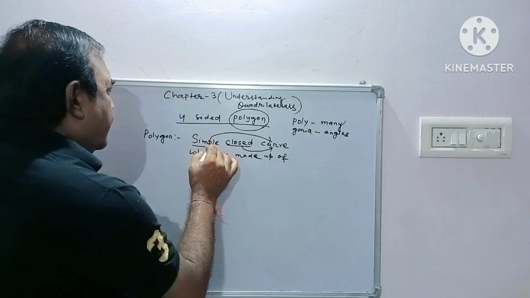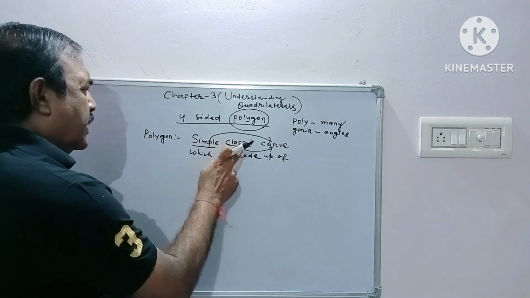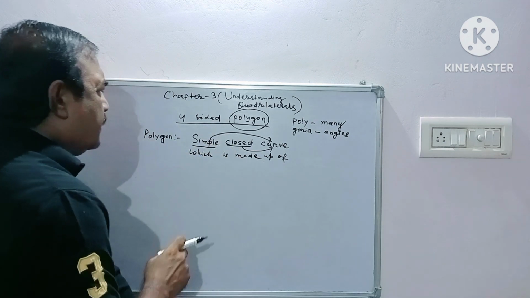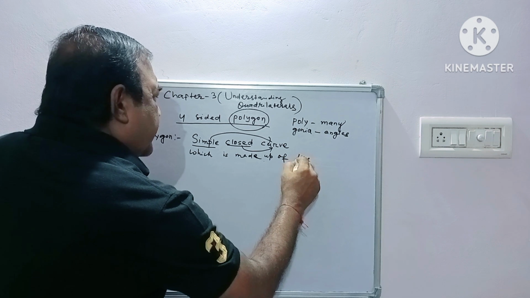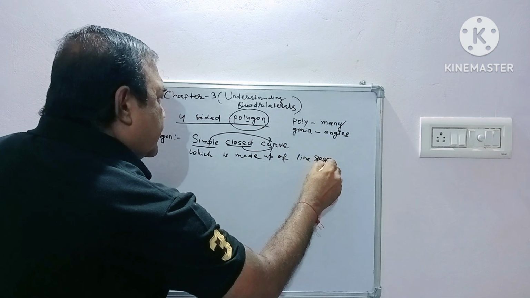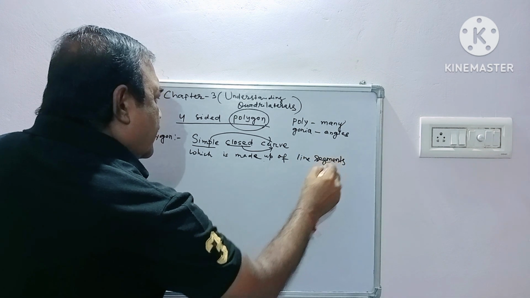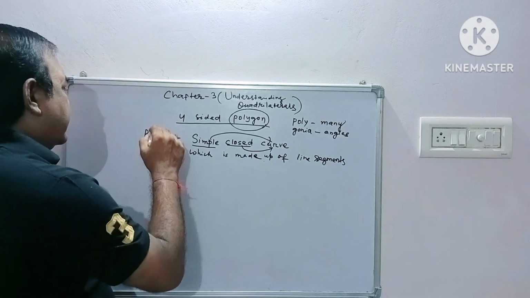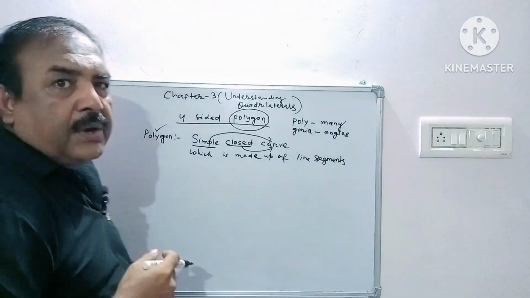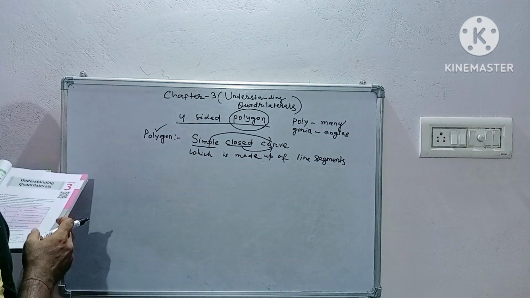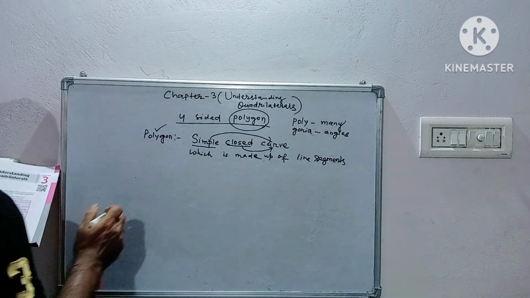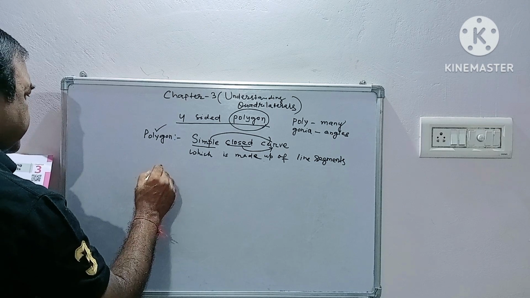So that should be simple, that should be a closed curve, and that is made up of line segments. Then we can call this figure a polygon. And you can also see in the first page it has been given like this.